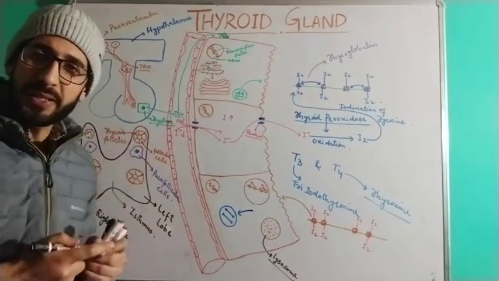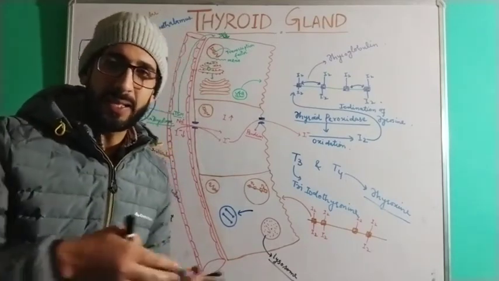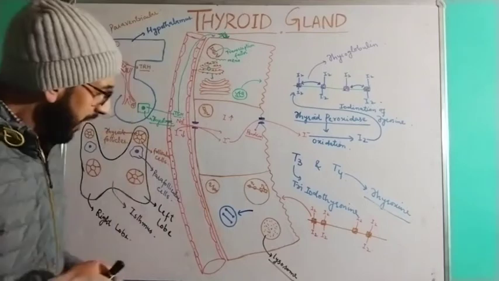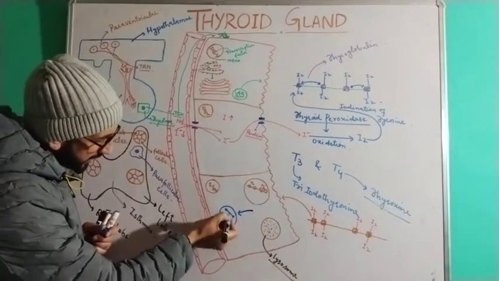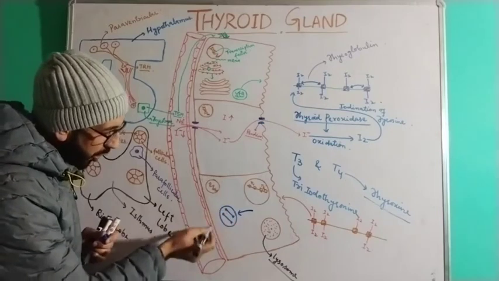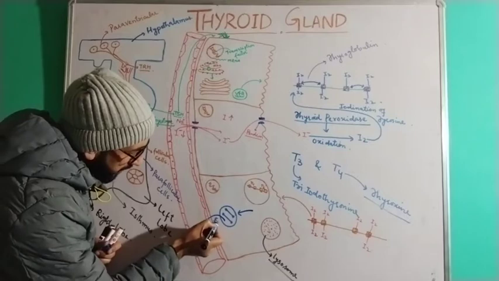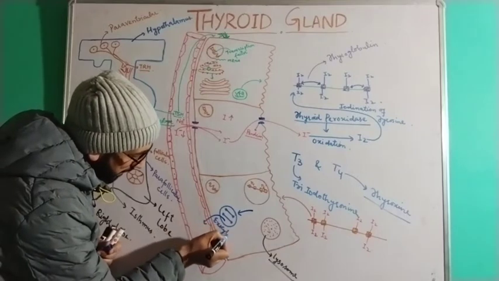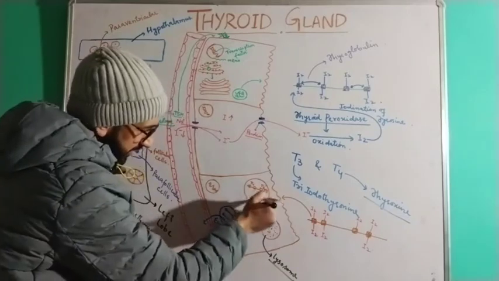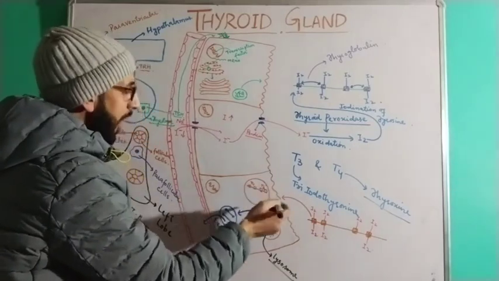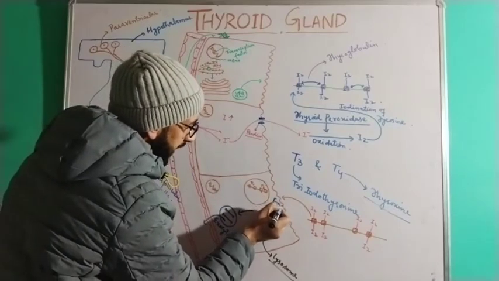Now this T3 and T4, we have to secrete it in the bloodstream. Now these T3 and T4 hormones will be secreted into the blood by the process of exocytosis. Fine. And here this thyroglobulin colloid will be brought inside the cell by the process of endocytosis.